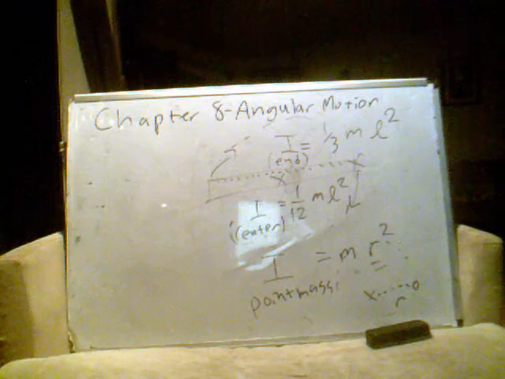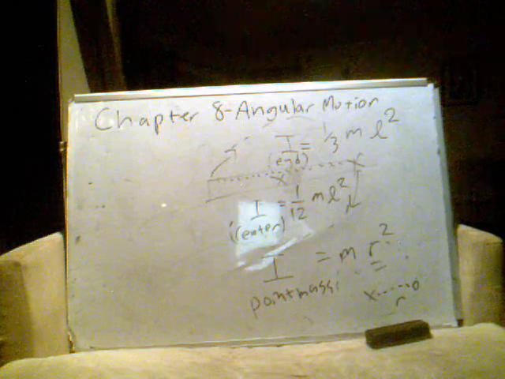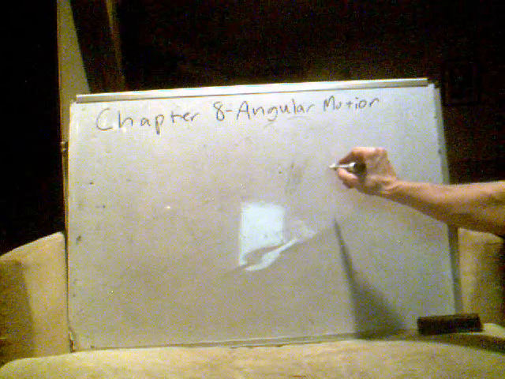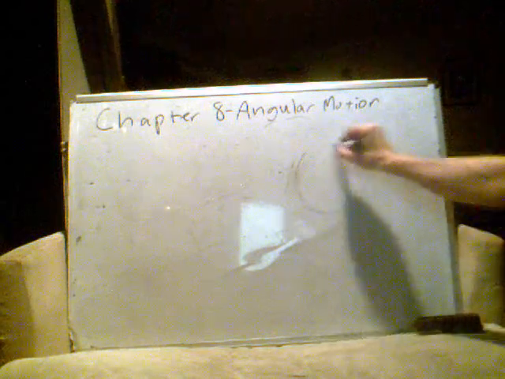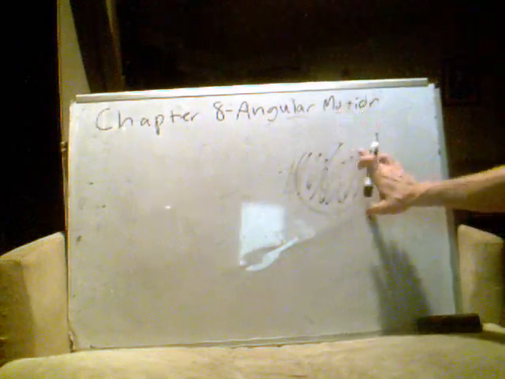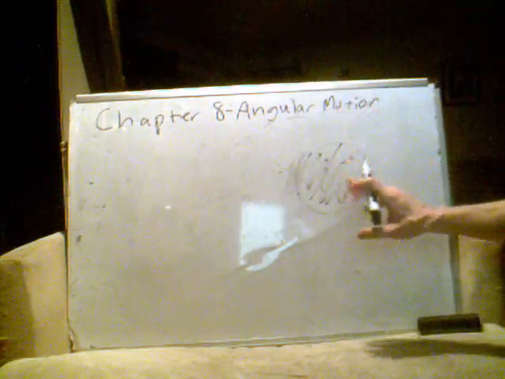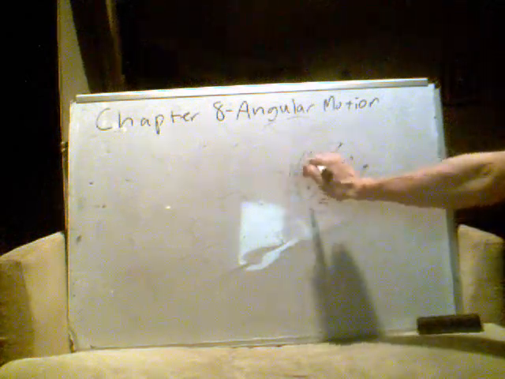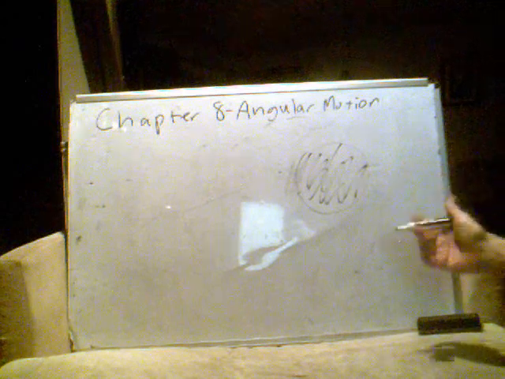Now, I want to pose a question to all of you. Let's say you have 2 objects. One of these objects is a disk, and it's solid, right? It's got a uniform mass distribution. It's got as much mass here and here and here, and the whole way through it's basically got the same consistency.